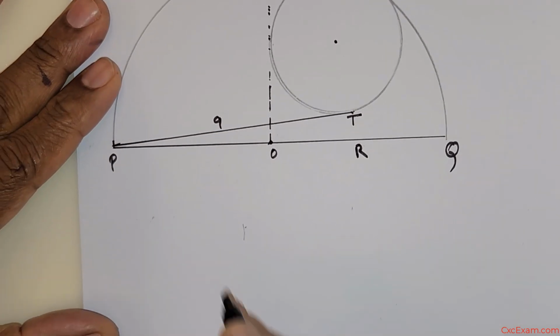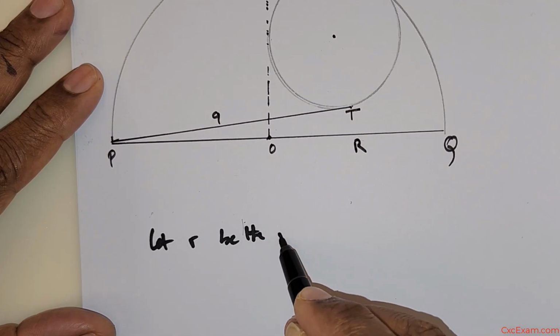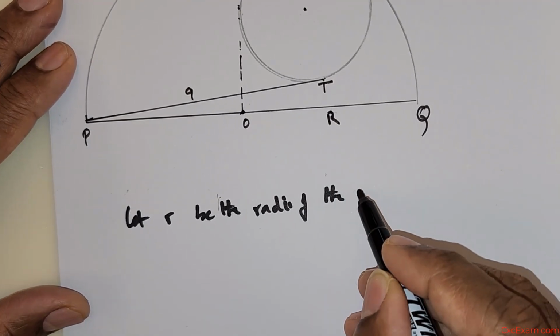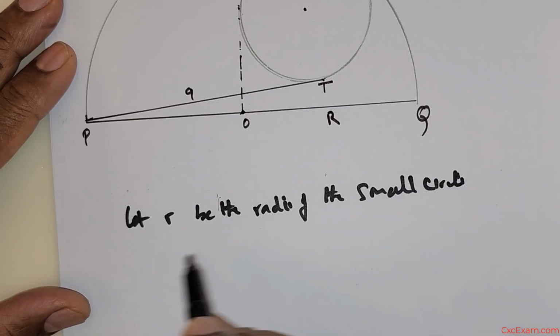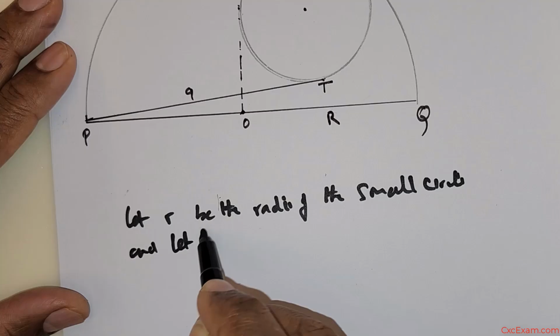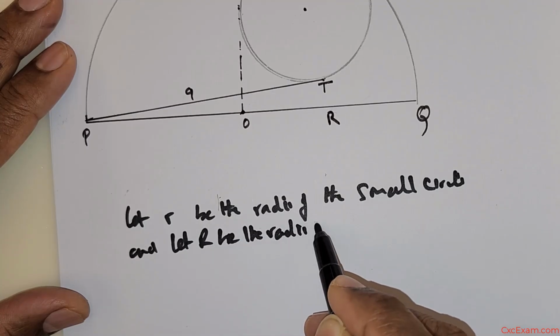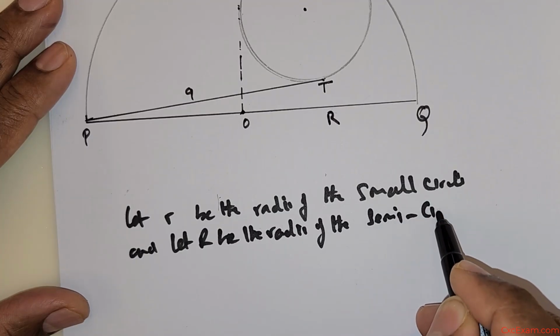So foremost, let small r be the radius of the small circle, and let capital R be the radius of the semicircle.